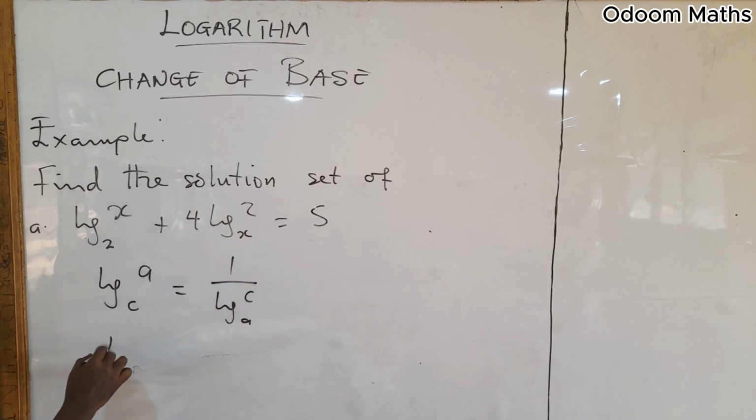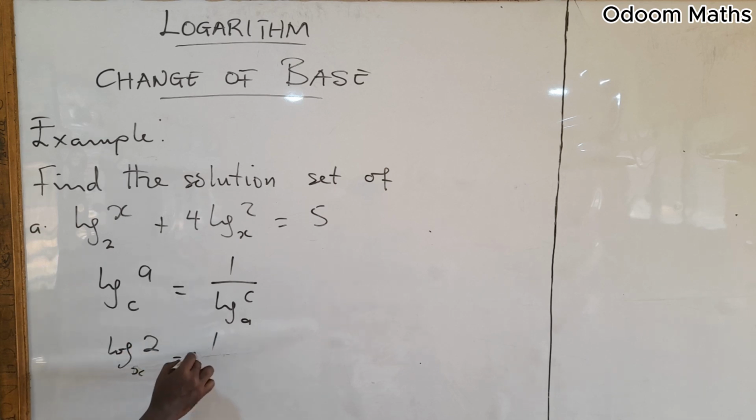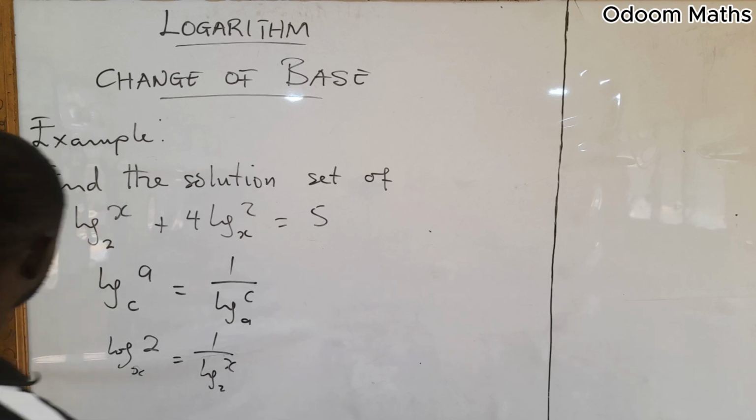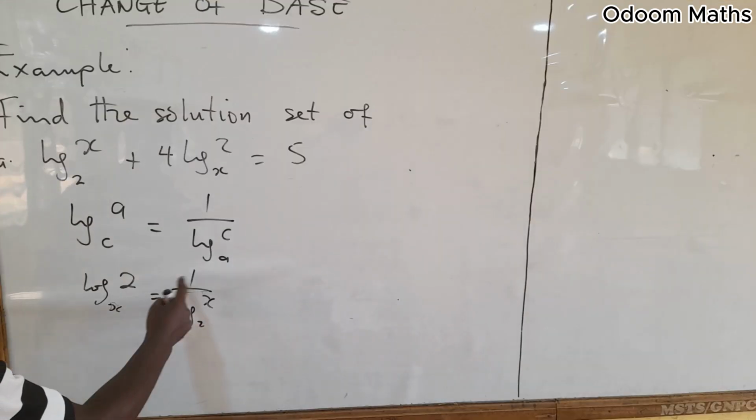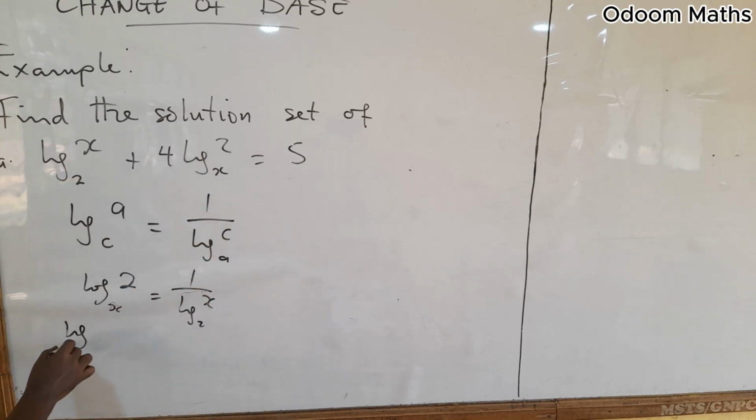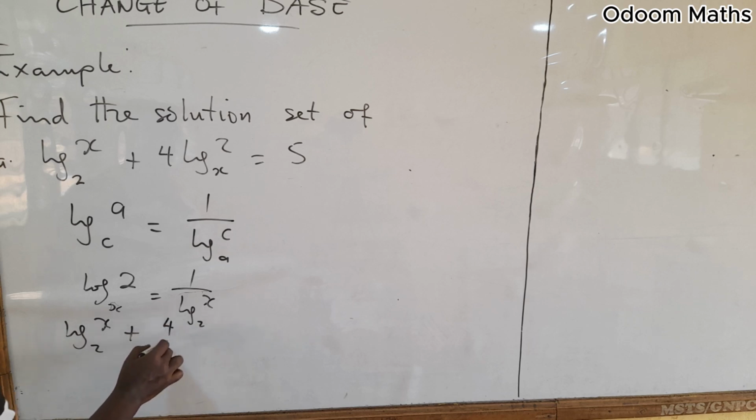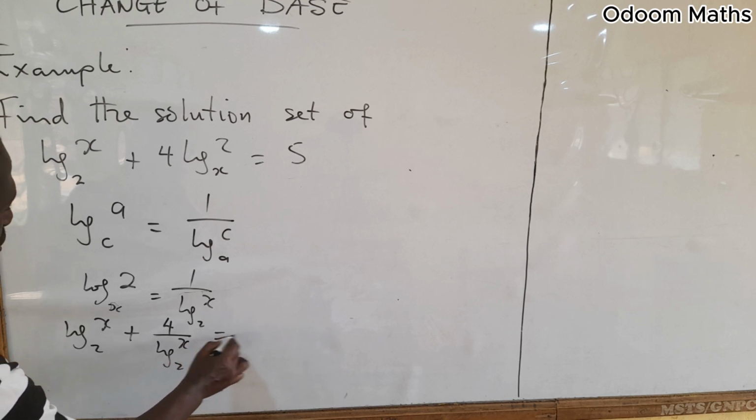So log 2 base x becomes 1 over log x base 2. So substituting this into here, we have log x base 2 plus 4 times 1 over log x base 2 equals 5.